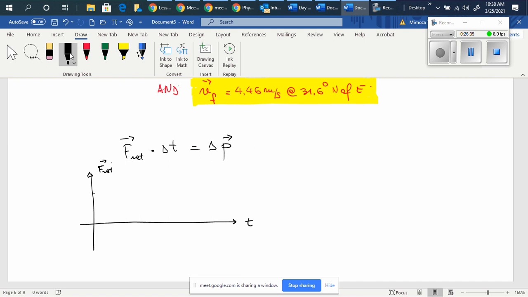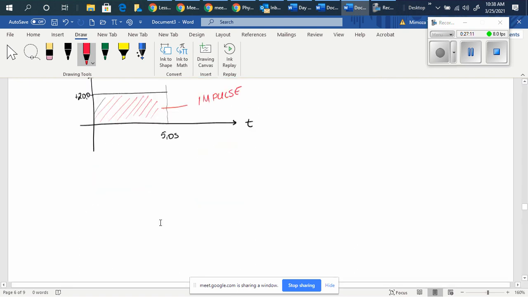If we have an area like this, and time is, let's say, 5.0 seconds, and the average force is a positive 20 newtons, then we can say that this area here is equal to the impulse that the object is undergoing.